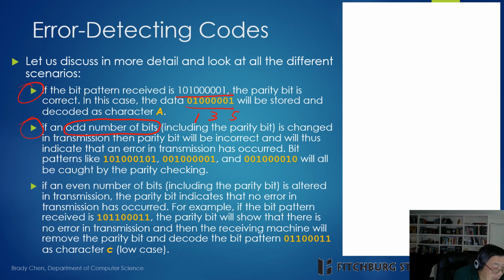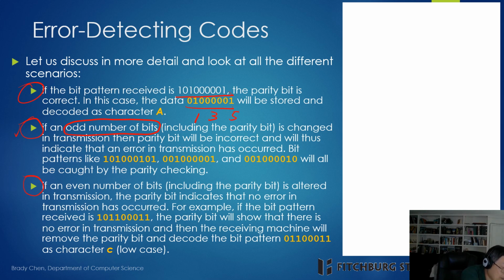Then the parity checking will conclude that there's an error, or maybe there are some errors, so we don't accept the result. That's the second case.